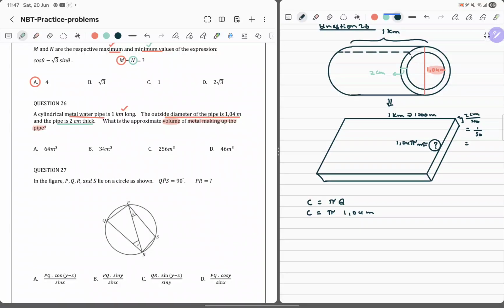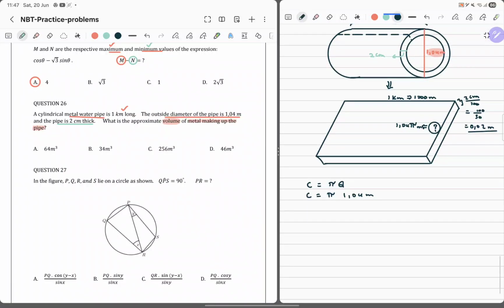Now 1/50, 50 goes 0 times, and then 0 times, and then 2 times, so 0,02. Yeah, that's 2/100. Cool. So this is now meters. So now we are ready.